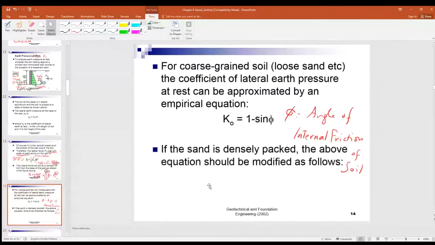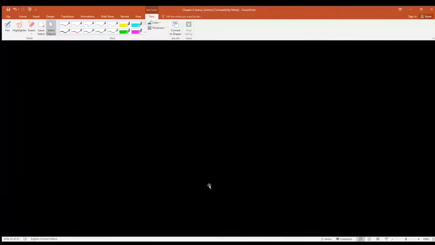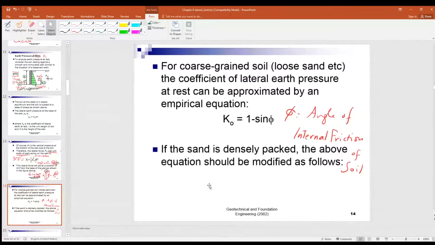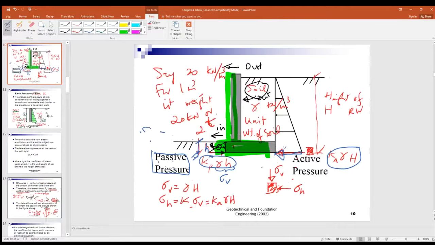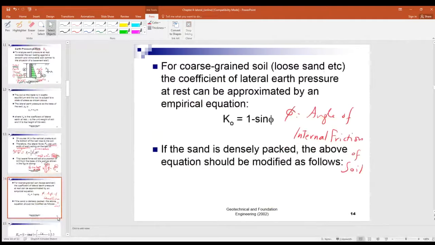Soil, you have two important parameters, right? The cohesion, and the friction angle. Remember that? Very important graph.